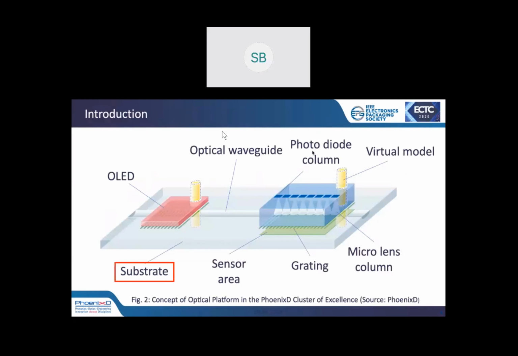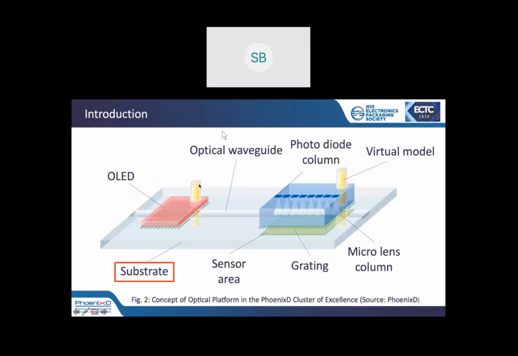All right, let's look at the demonstrator. The concept shows a substrate for the optical infrastructure. In the middle, you can see a cavity, which is the waveguide channel, and close to the waveguide channel there can be gratings applied on the substrate to get the light from vertical into horizontal waveguide structure.